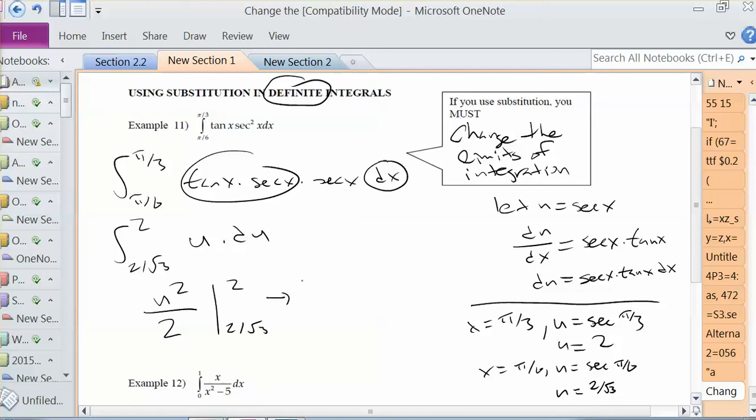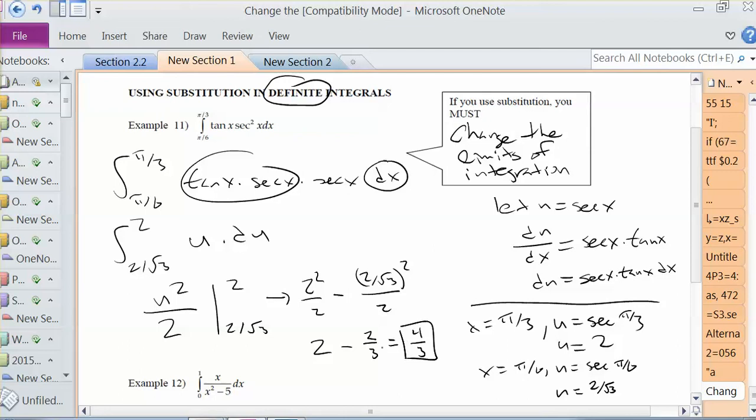So now I get 2 squared over 2 minus 2 over root 3 squared over 2, which of course will be 2 minus, so yeah, it's 4/3 when you square 2 over root 3, so 4/6, that'll be 2/3. So you should get 4/3 as your answer.